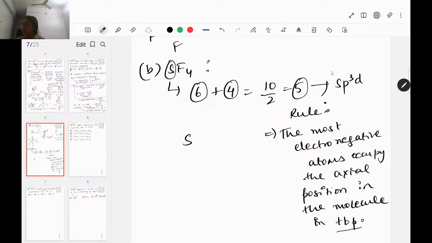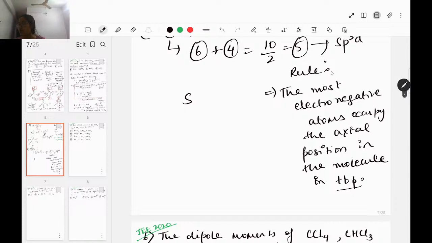Trigonal bipyramidal, we have written it in short form. So that is TBP. Most electronegative atoms occupy the axial position.